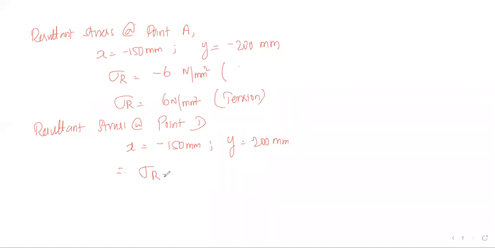Therefore sigma r is equal to plus 3 Newton per mm square. This plus indicates compressive stress. So these are the values of our resultant stresses.